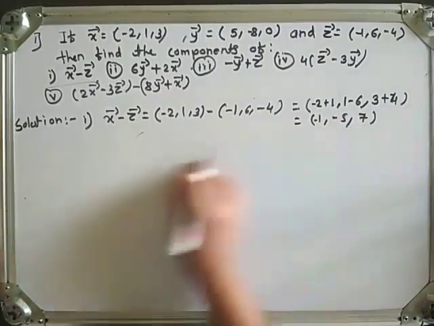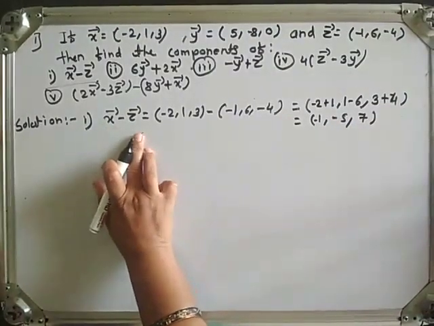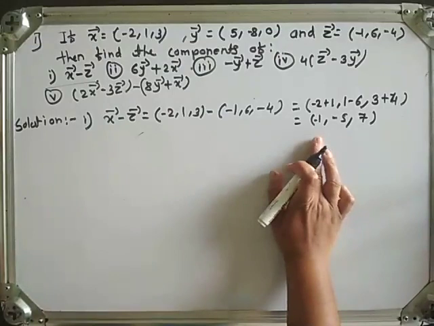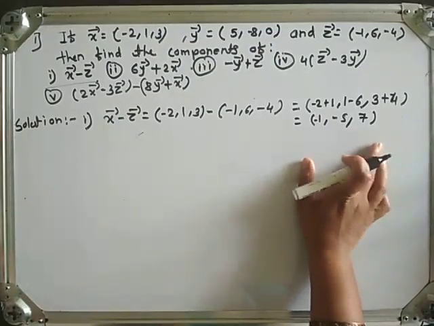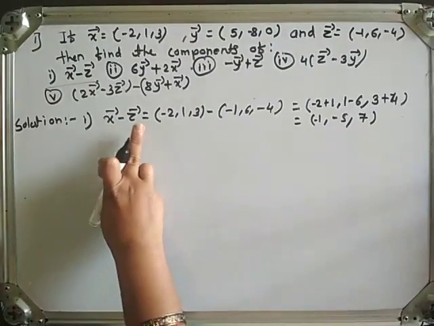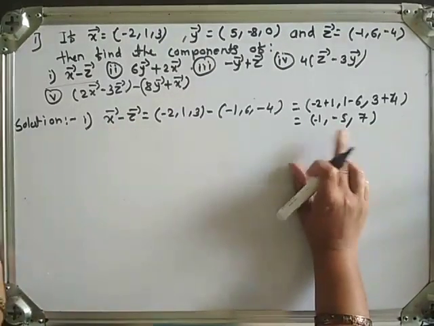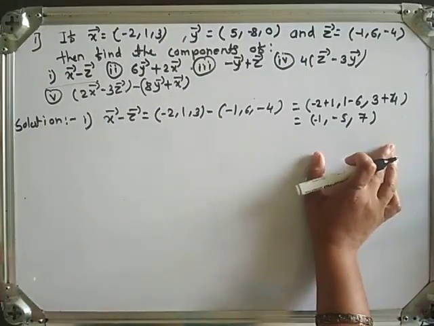Therefore, x bar minus z bar is equal to vector (-1, -5, 7), or the components of x bar minus z bar are -1, -5 and 7.